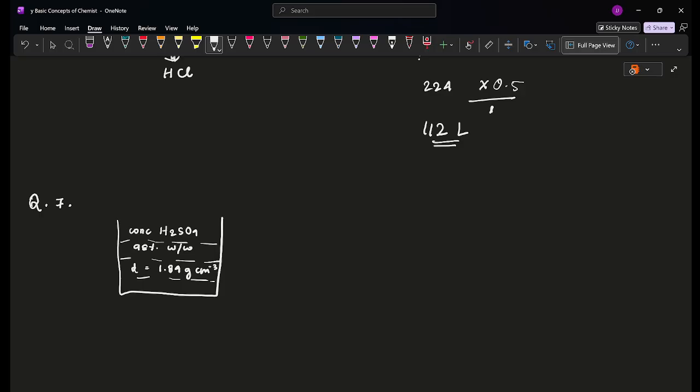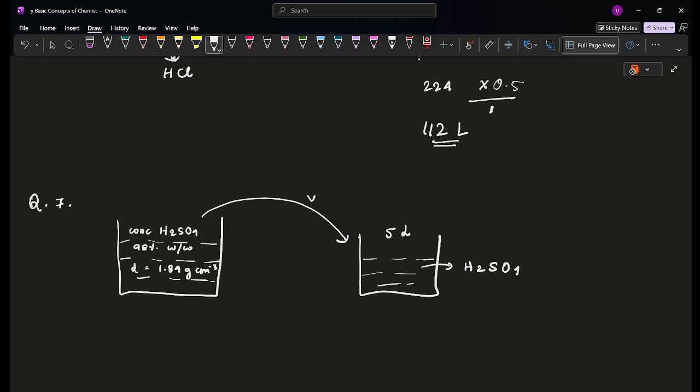Now they're asking what volume of the concentrated acid is required, so how much volume are you going to take from this so that you can make another H2SO4 solution, which is 5 liter and 0.5 molar.